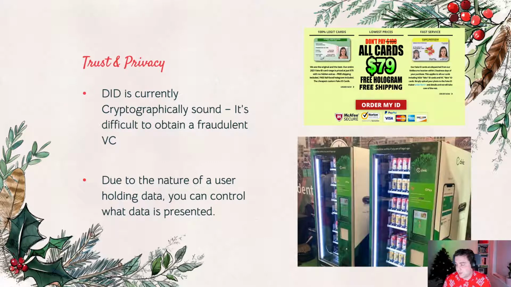The way that would work is obviously your issuer would sign your verifiable credentials saying you are 22 years of age. You present that signature, and because it's cryptographically sound, that party who's giving you a can of beer can trust that you are of age regardless.